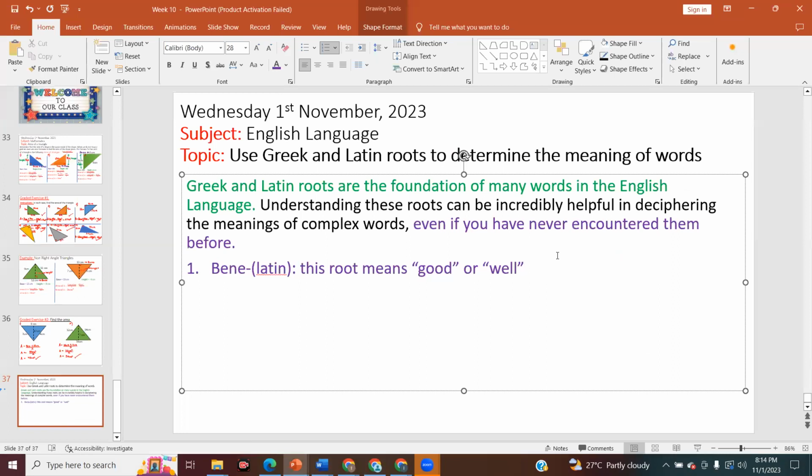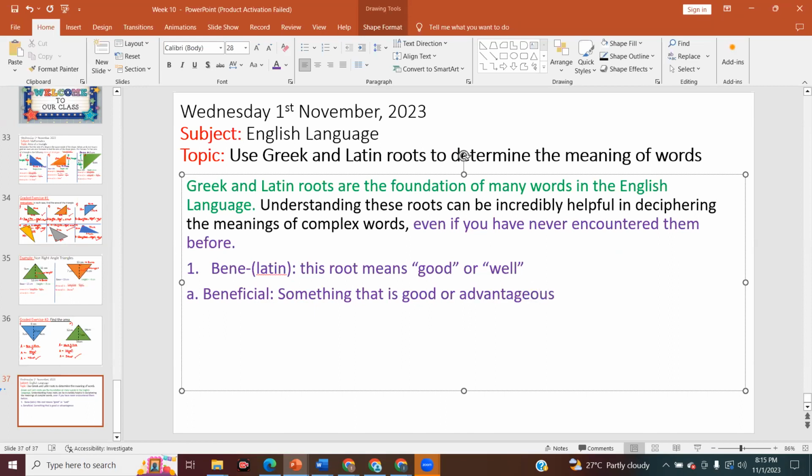All right, so obviously beneficial is something that is good or advantageous.